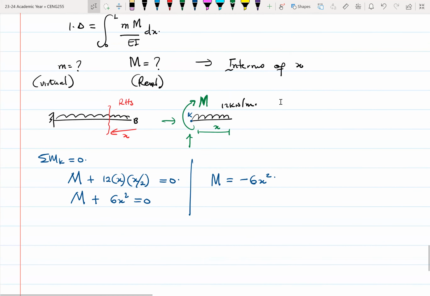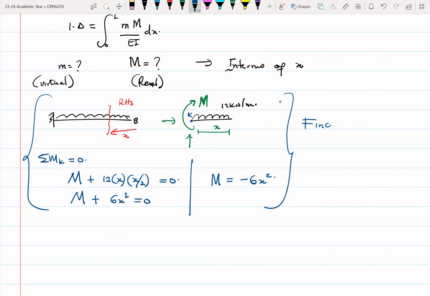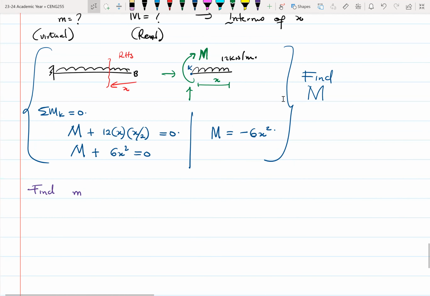Now let's find small m. Since it's a virtual system that we are looking at, we take out the external load and then place a unit load at the point where we want to find the deflection, in this case, point B. If you want to find the deflection at, let's say, mid-span of the cantilever, then we have to place the 1 unit load at that point.